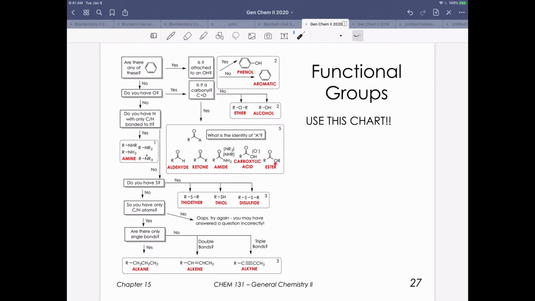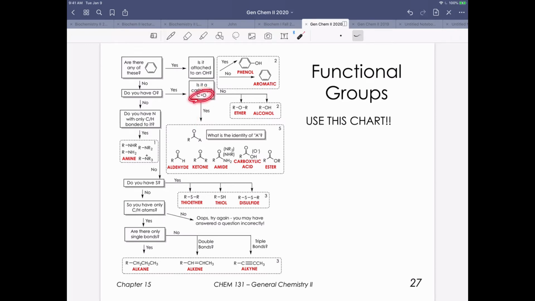And if it's got an oxygen but then more rest of the molecule, this would be an ester. A lot of these look similar to one another from a name standpoint, so we have to make sure that we get these right. All right, so these are if we have a carbonyl group.